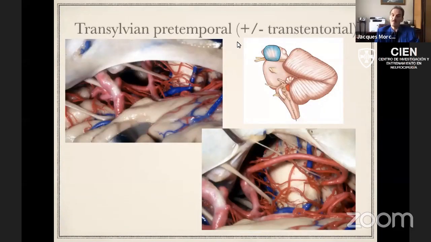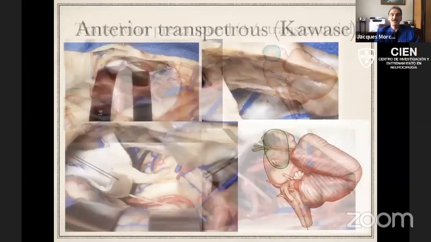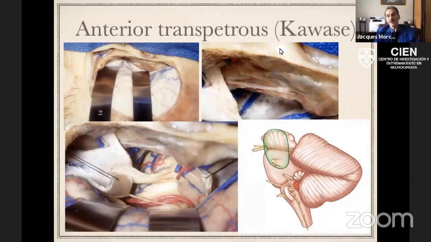Transsylvian pretemporal plus or minus transtentorial would get you to the lateral aspect of the midbrain. I like very much the Kawase approach, and I use it fairly routinely for some complex cavernomas. It is ideal for the upper pons and the midbrain laterally, as you can see from this exposure here.